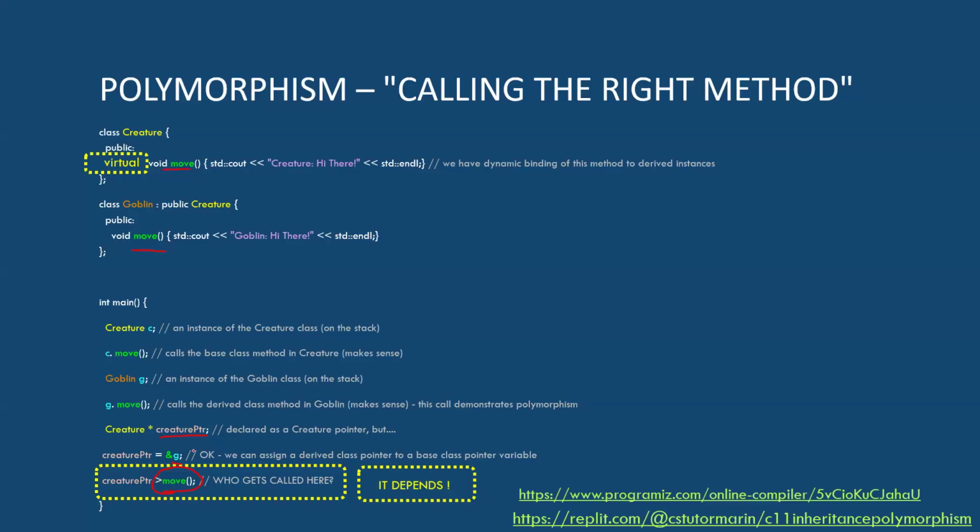How does it know? Well, we can see that this is a goblin pointer, but if someone gave you an array of pointers, you would have no way of knowing if that array of pointers was goblin or creature. So imagine somebody just hands you an array with a whole bunch of pointers. Some are pointing to derived creatures and some are pointing to base class creatures. You don't know.